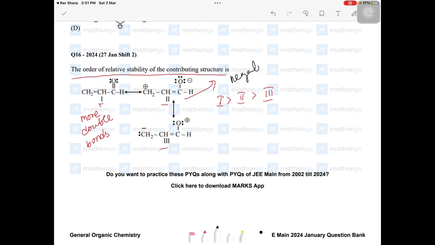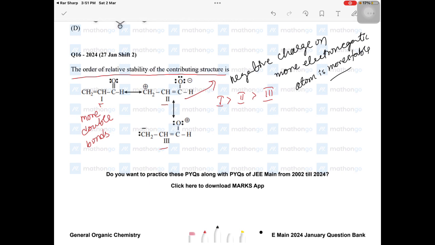Negative charge on more electronegative atom. Negative charge on more electronegative atom is more stable. That's why second one is more stable than third.